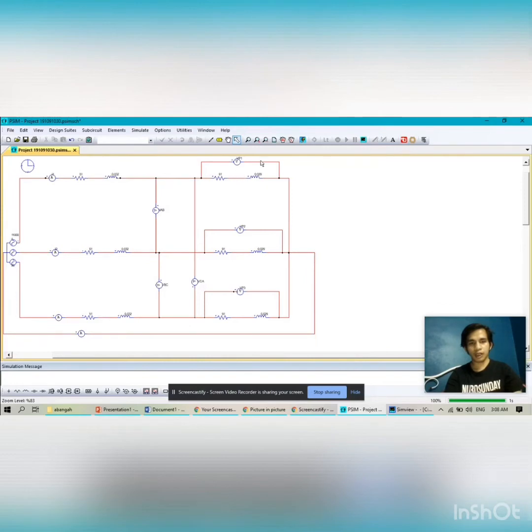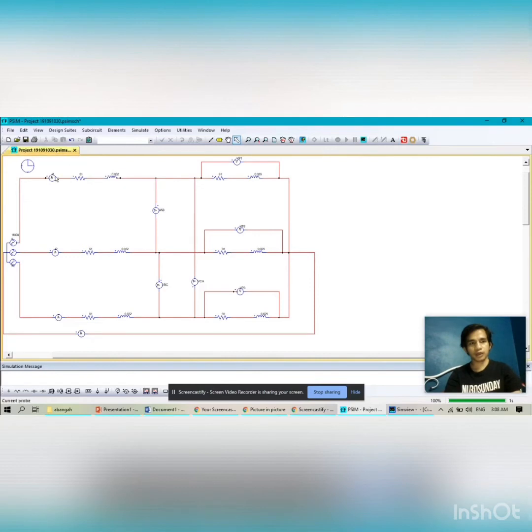For the line load, line 1, line 2 and line 3, we use 91 ohm for the resistor and 0.029 for the inductor for the load 1, 2 and 3.